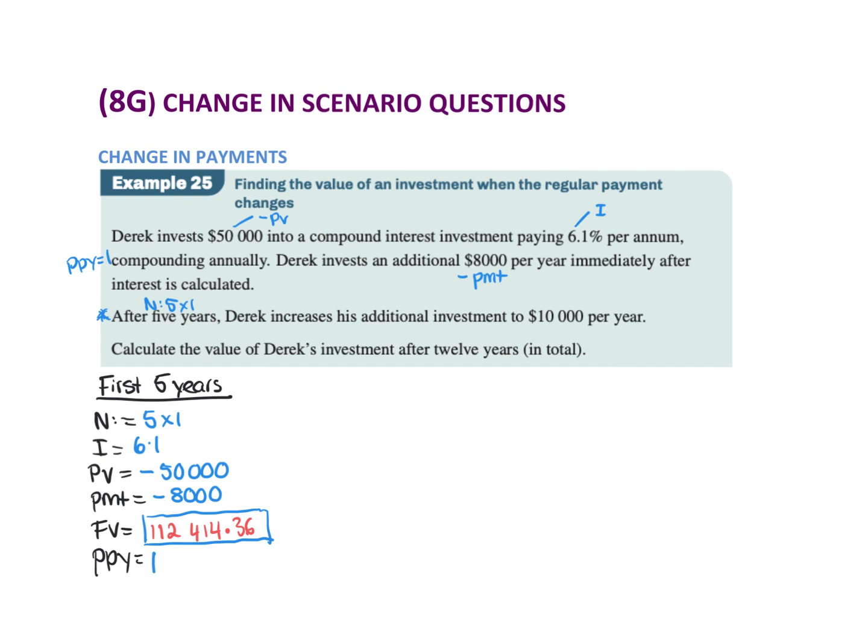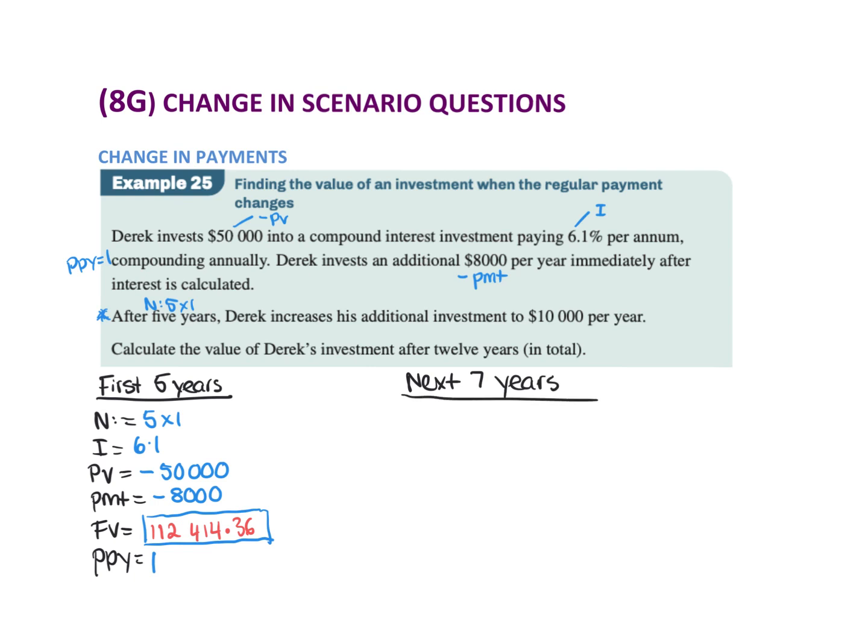So we're sitting at the 5 year mark, and that's when he increased his payments. So we're going to pretend like we're starting again, because now we want to know the final value after this payment increase. If he's already gone 5 years, how many more to make up to 12? 7. So this is going to be the next 7 years.